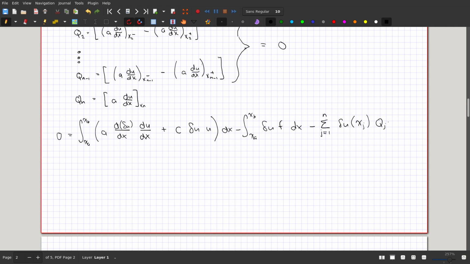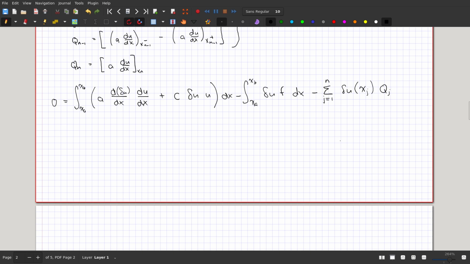So now we are ready to make our Galerkin approximation. So we're going to let u equal u^h, which is approximated by N_j u_j. I'm going to drop the summation term and just use Einstein convention. And delta u is equal to N_i.